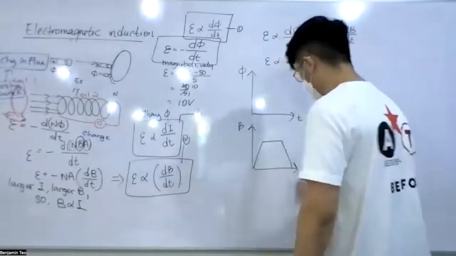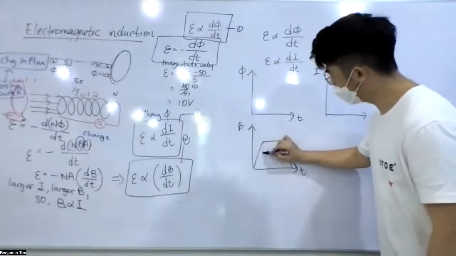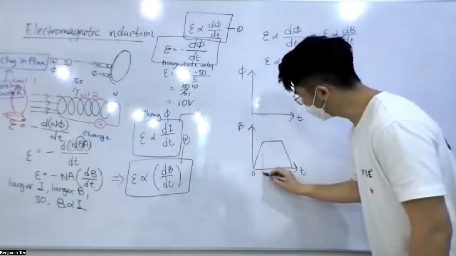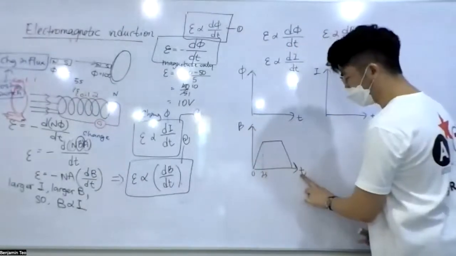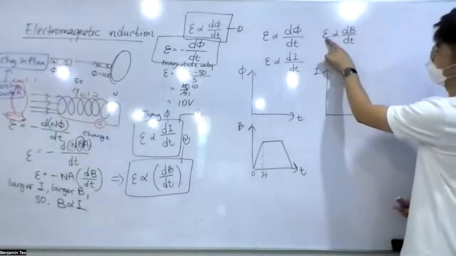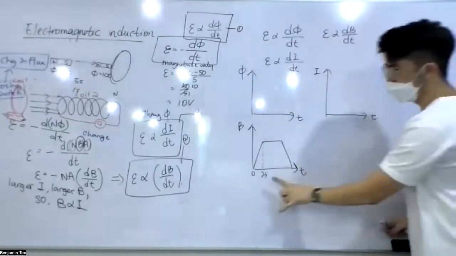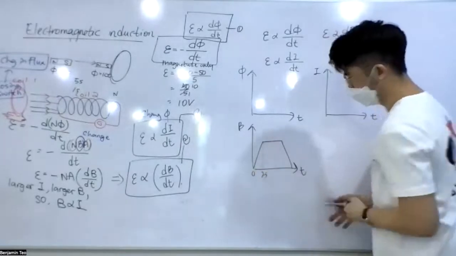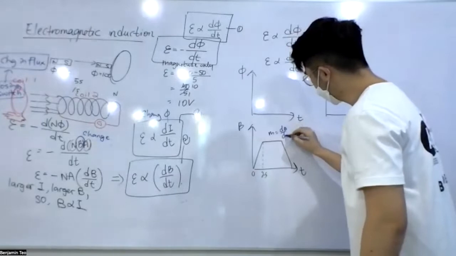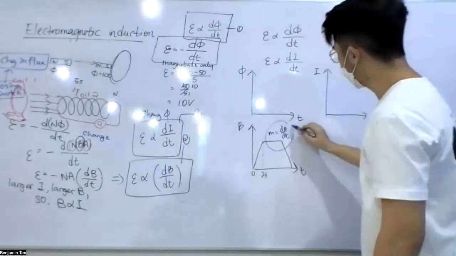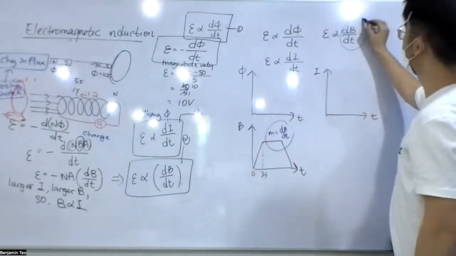Let's say B against T. Graph looks like this. Then they say, what is the EMF from 0 to 2 seconds? Here you have a graph of B against T, this relation with the EMF. That means if I calculate the gradient of this graph, dB over dt, this is the gradient.